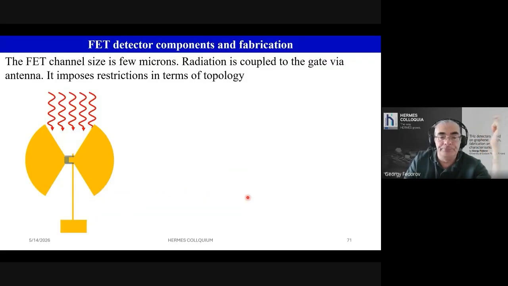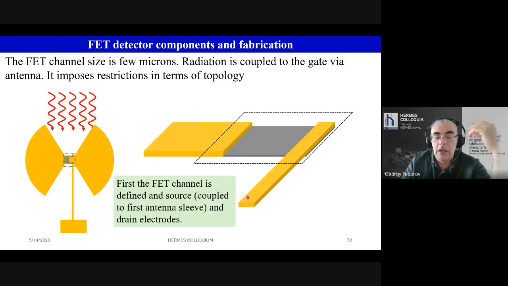So, in order to observe this phenomenon, you have to actually go through a little bit more sophisticated technology. So you have to couple radiation via antenna. One of the sleeves will work as the source electrode to the graphene channel.